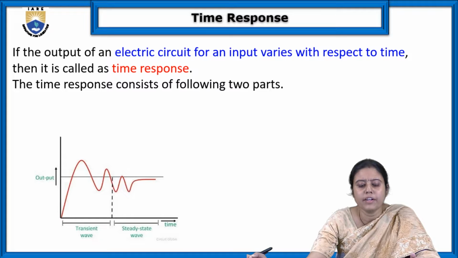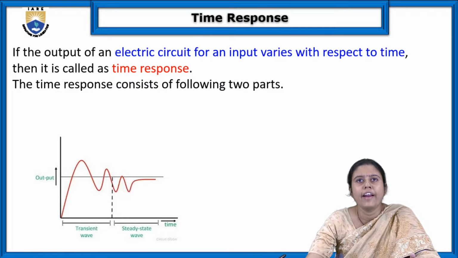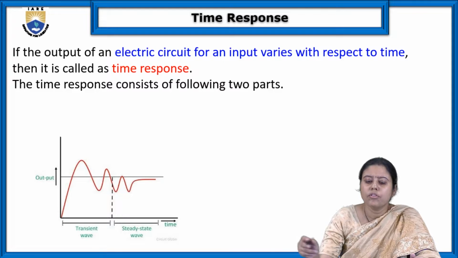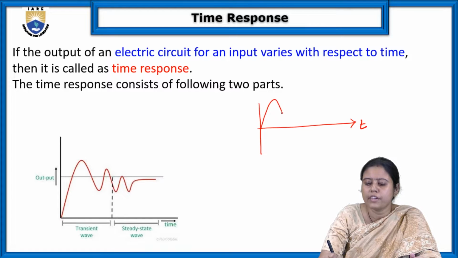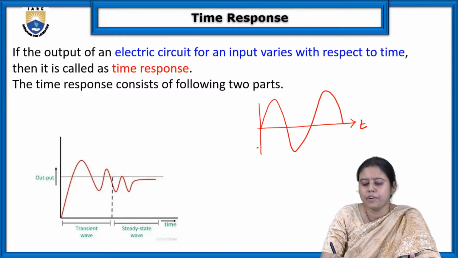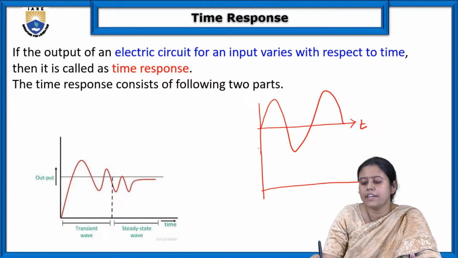Next is the time response. What is the meaning of the time response? If the output of an electric circuit for an input varies with time, then it is called the time response. So if the inputs are changing with respect to time, say we have a sinusoidal input, this is the time response. Say we have a DC input.